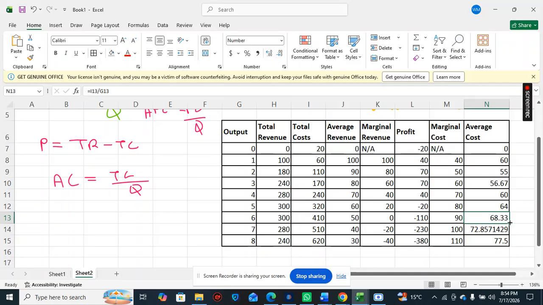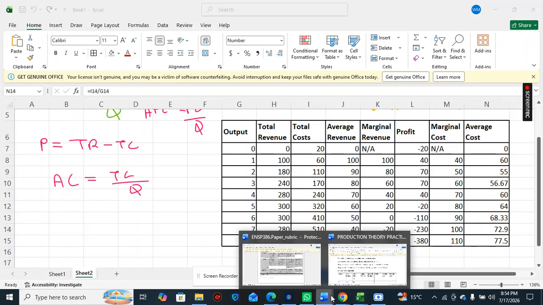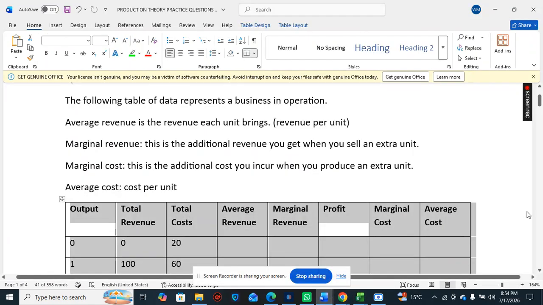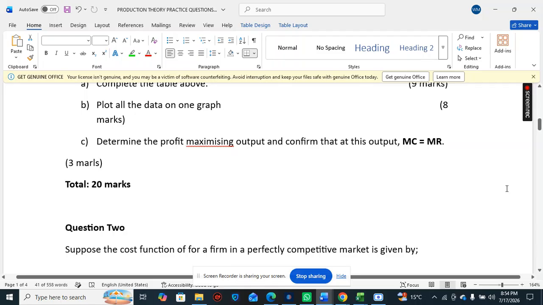So we're going to look at the next part of the question. For the plotting of the graph, I'll send the graph in the notes.